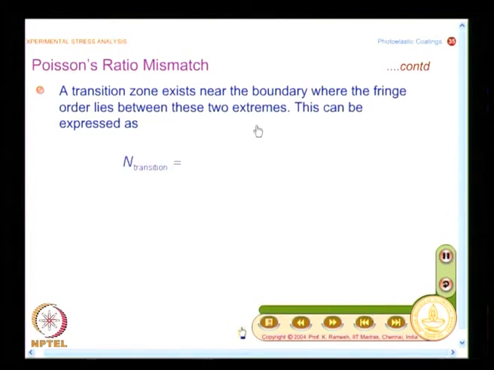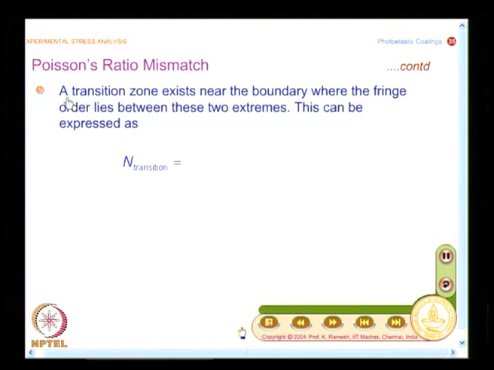So, what we have looked at earlier was you had fringe orders different at the boundary and the interior. When you have a difference, there has to be a transition zone.